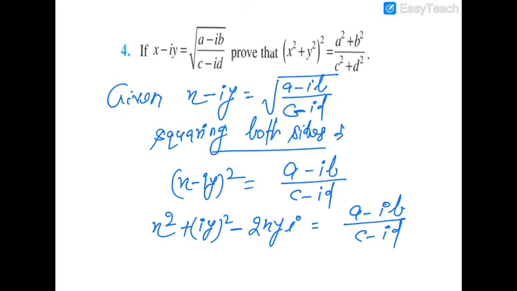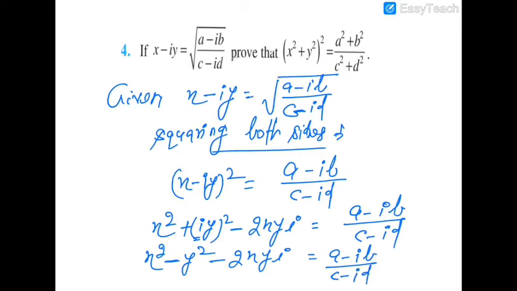Now we can write it as x square, because i square is minus, so minus y square, minus 2xyi is equal to (a minus ib) upon (c minus id). Now what to do? We have to multiply by the denominator's conjugate.